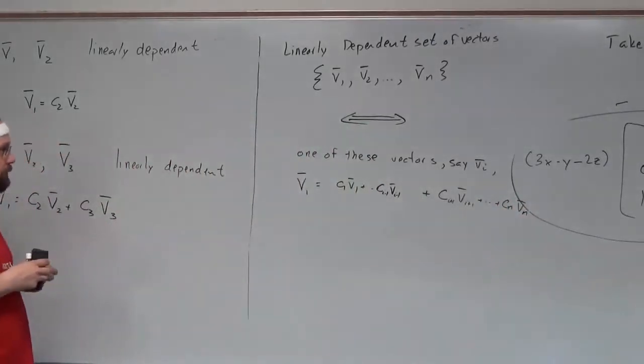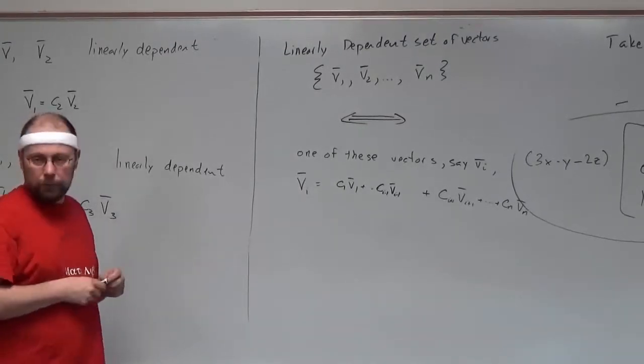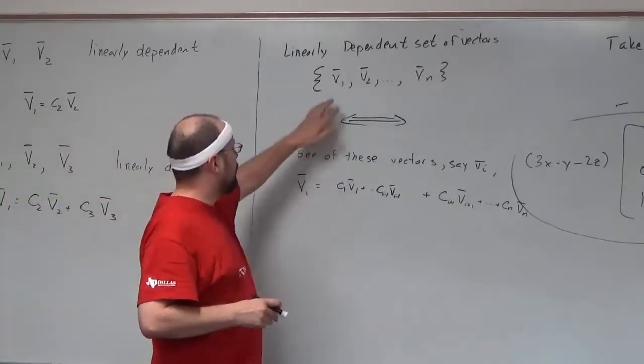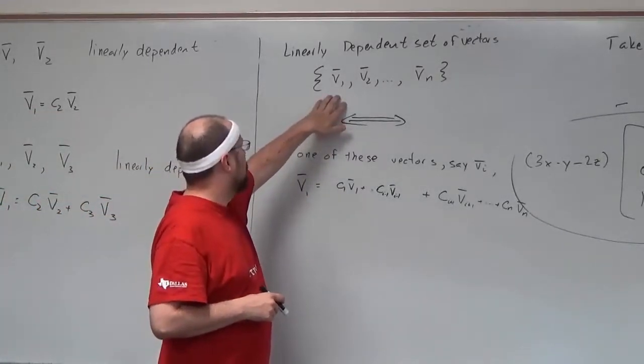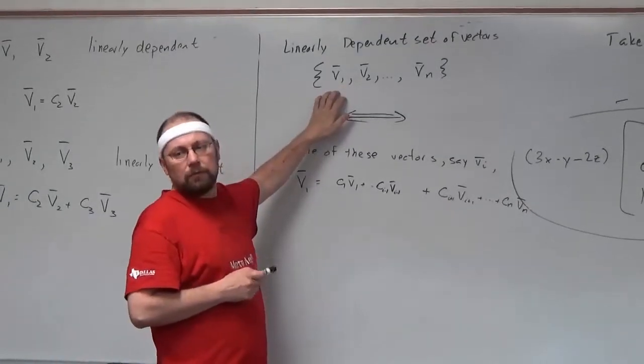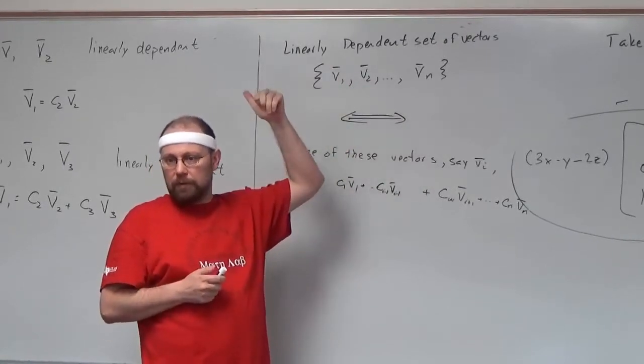Now, that's a nice intuitive notion of dependent sets. And if we say that a set of vectors is linearly independent, we mean that there's no way you can express one of these vectors as a combination of the others.